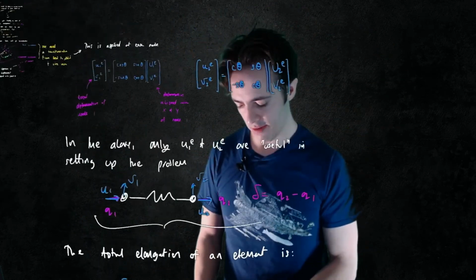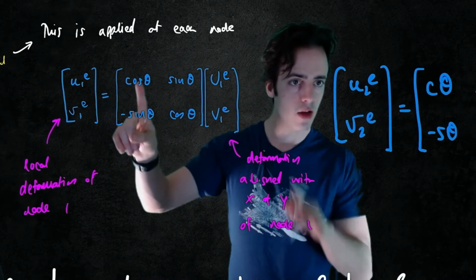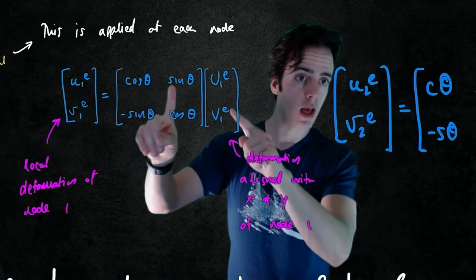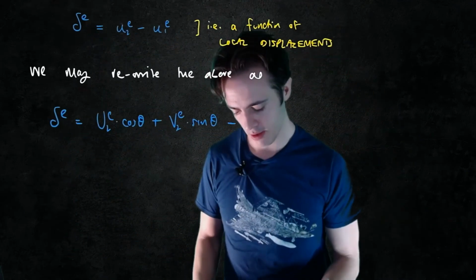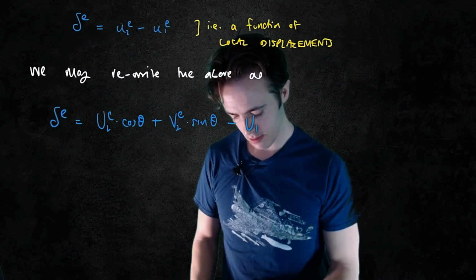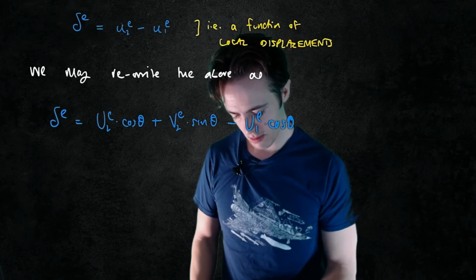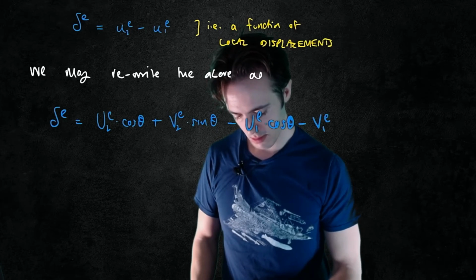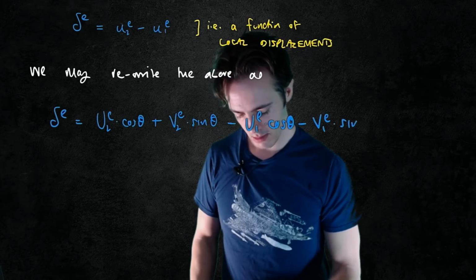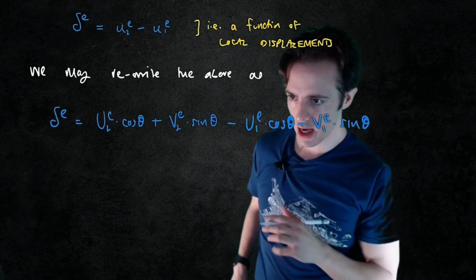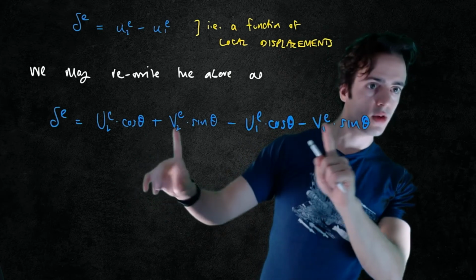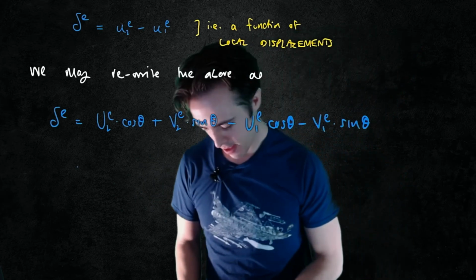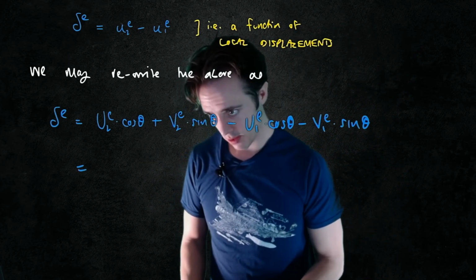And we can probably see very similarly, it's going to be cosine theta multiplied by U1E, sine theta multiplied by V1E. So I need to subtract both of those terms. Okay, and we can then collect these cosines because we've got two things multiplied by cosine, two things multiplied by a sine.